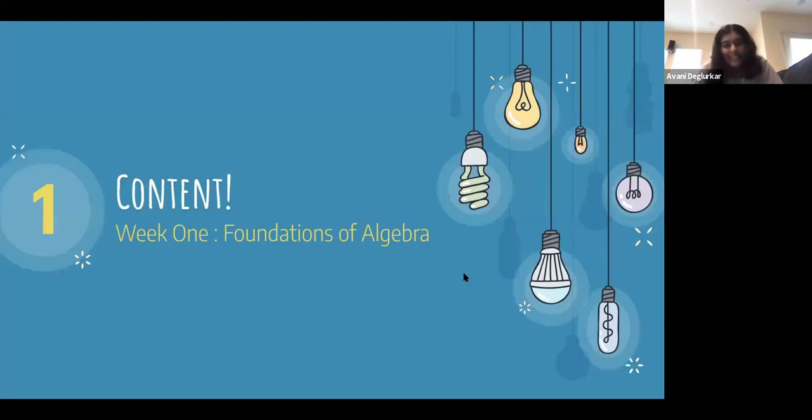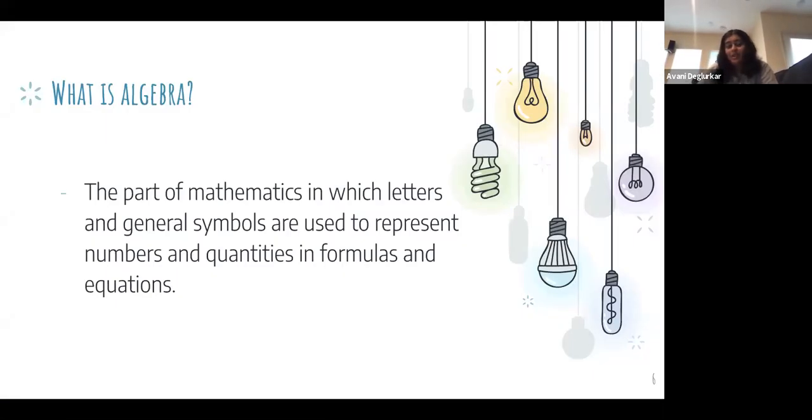Okay, so let's get started with actual math. So what is algebra? Well, by definition, algebra is the part of mathematics in which letters and general symbols are used to represent numbers and quantities and in formulas and equations. That's kind of a long explanation, but I'm thinking that your main question is probably, well, why are there letters in math?